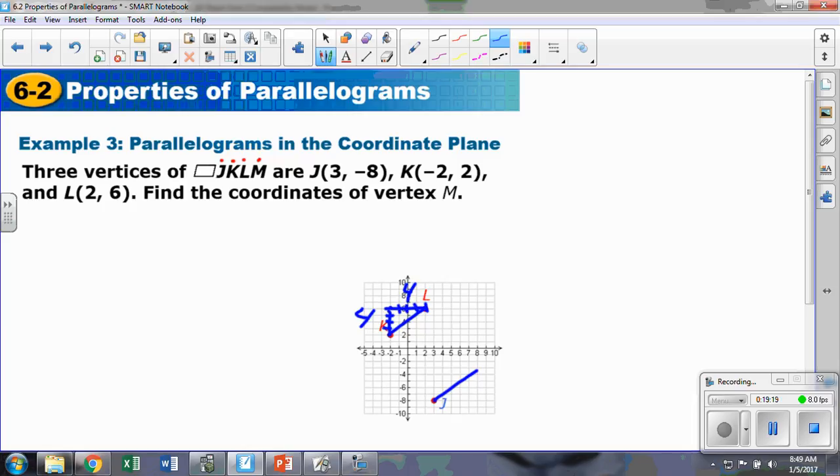We'll do the exact same thing to maintain the parallel sides. 1, 2, 3, 4. 1, 2, 3, 4. That's where M is supposed to be. So, what are the coordinates for that vertex M?